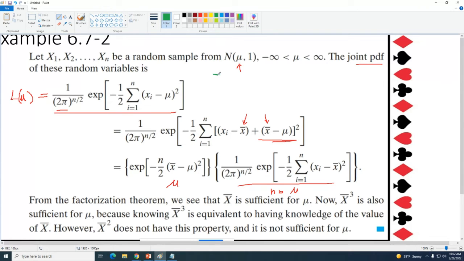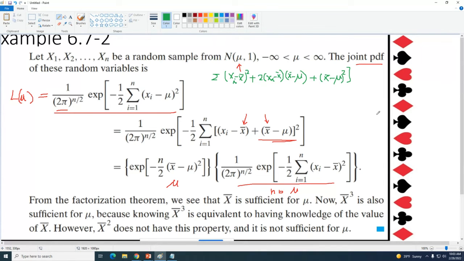It will look like this after expanded. You would have the summation of xi minus x bar squared, plus 2 times the summation of xi minus x bar times x bar minus mu in the middle term, plus the summation of x bar minus mu squared. This part has a square, right?